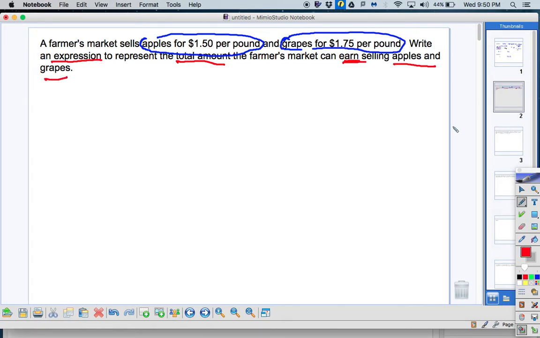So now that I have the important information, the first thing I need to do is define my variables. You can't use letters or any other variables until you first let us know what it is that they represent. Okay, so my first thing I'm going to use is A for apples, and A is going to represent the number of pounds of apples.